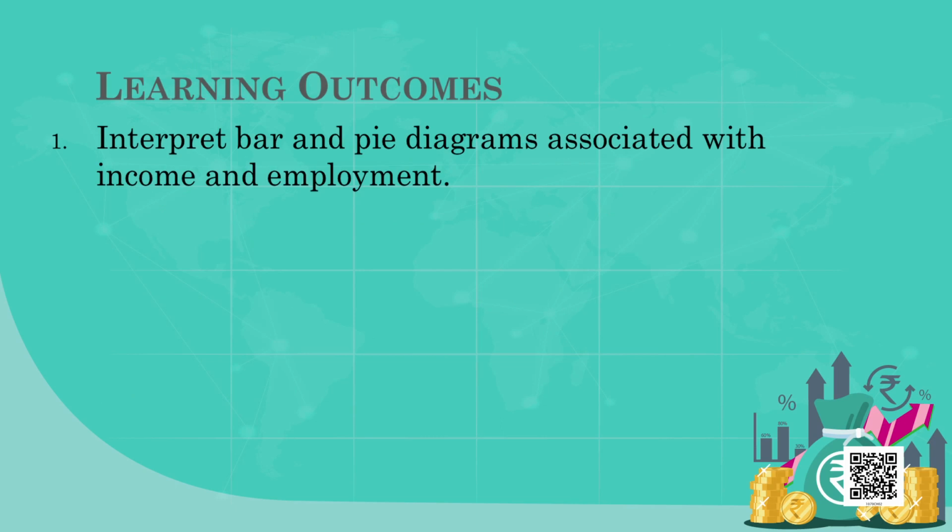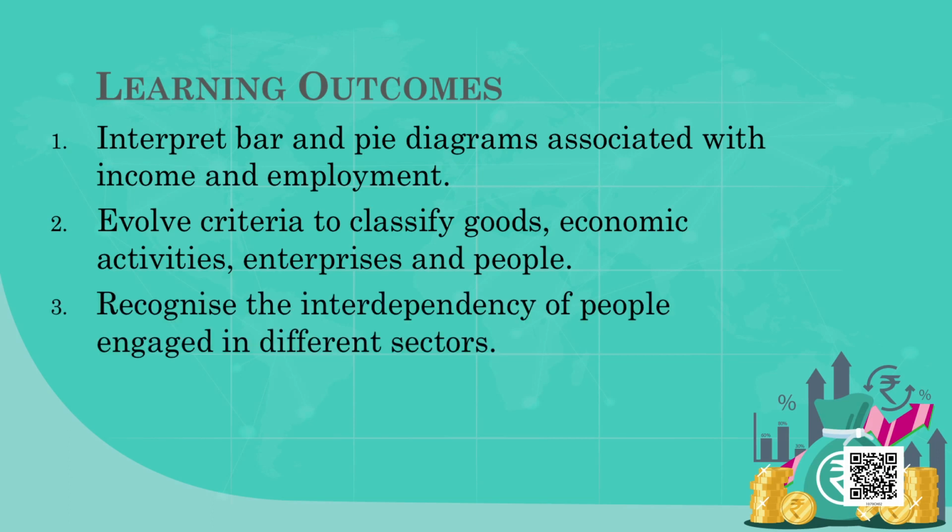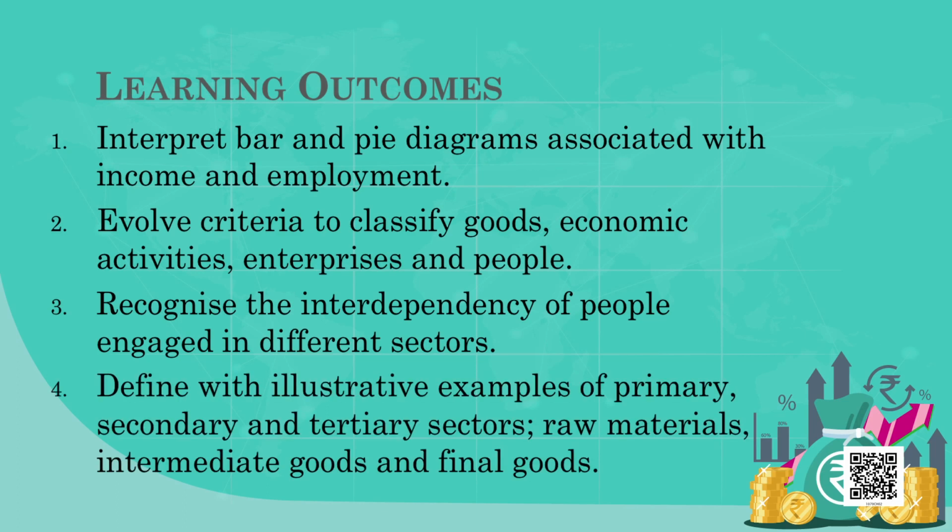See, the learning outcomes of this chapter are that you should be able to interpret the bar and pie diagrams associated with income and employment. The second thing we are expecting from you is that you should be able to evaluate criteria to classify goods, economic activities, enterprises, people. Then you should be able to recognize the interdependency, how people are depending on each other in different sectors. And then you should be able to define what is GDP, what is primary sector, what is secondary sector, what are final goods, what are intermediate goods, and so on.